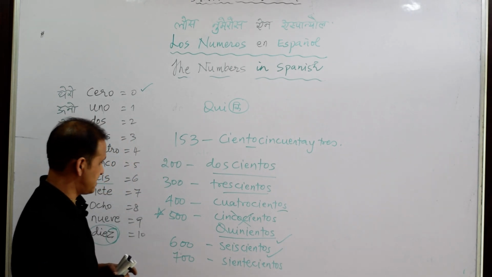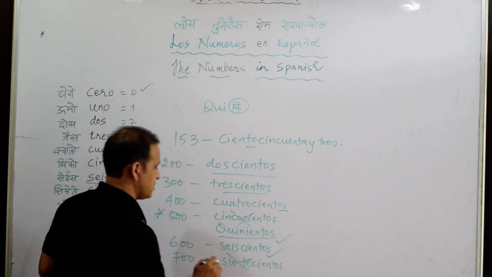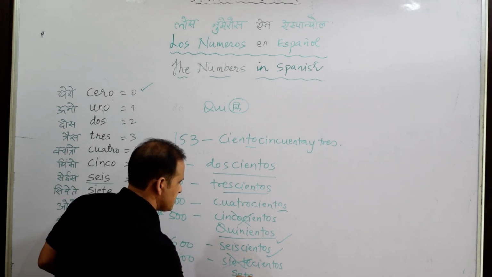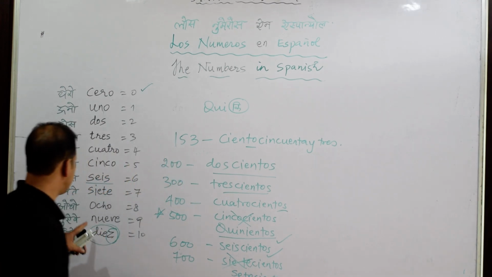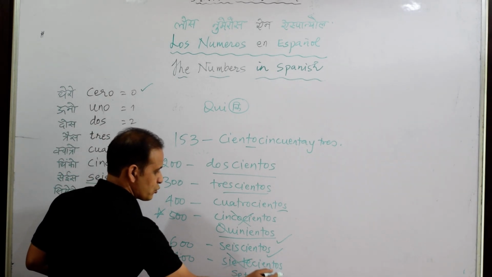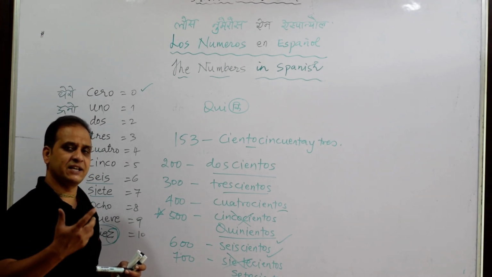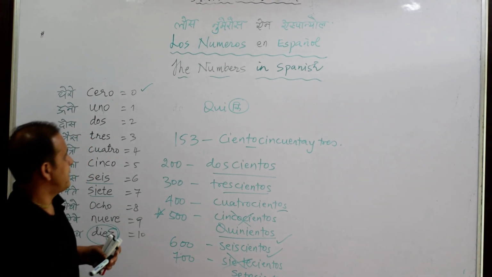It should be like this, right? But it is not sietecientos. It is setecientos. Whereas 7 is siete. So it should be siete. But I have told you this is again another exception. You will not write siete, you will say setecientos. Okay.